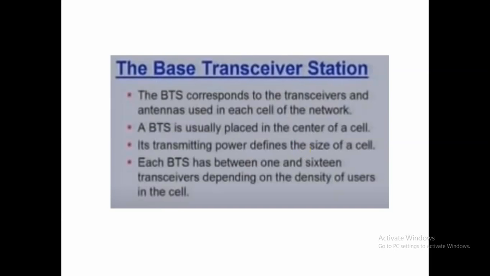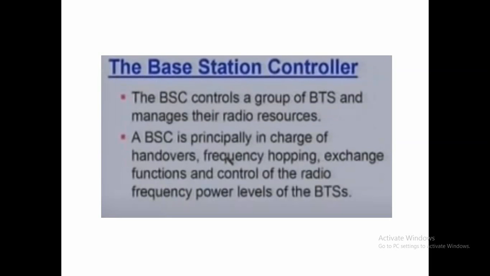Its transmitting power defines the size of the cell, but we have also seen other factors which decide how big the cell is, such as number of users, link budget and interference. Each base station has between 1 to 16 transceivers depending upon the density of users in the cell.